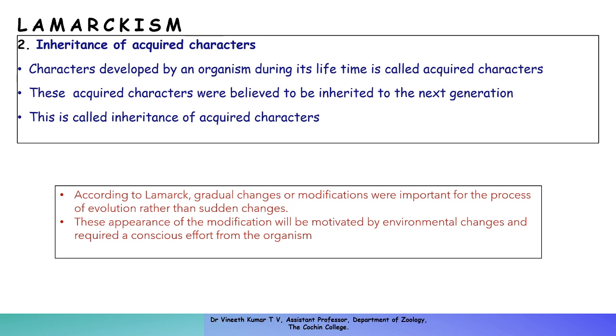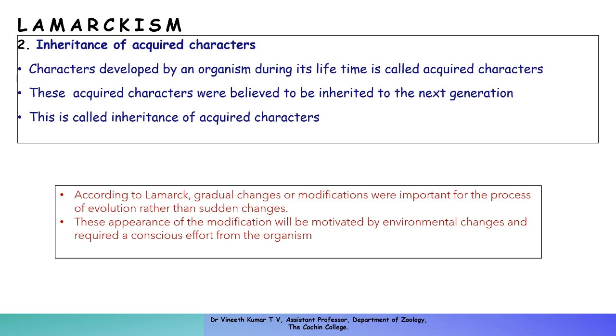So why did he propose this inheritance of acquired characters? It is actually a support for the use and disuse theory, because when an organism develops a particular new trait, he said that it will be transmitted to the next generation.